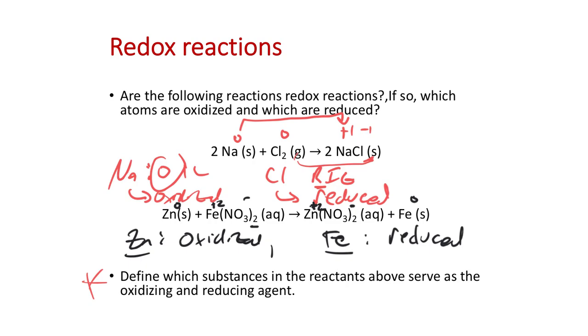Now, in terms of the term agent, an oxidizing agent is actually reduced in a reaction. The oxidizing agent is the substance that facilitates something else being oxidized. So an oxidizing agent facilitates the oxidation of something else by itself being reduced.